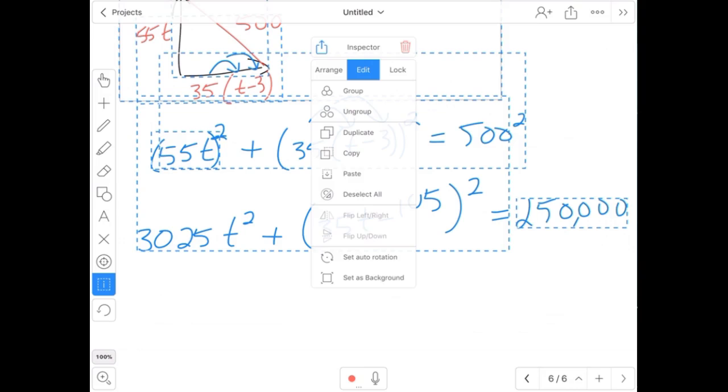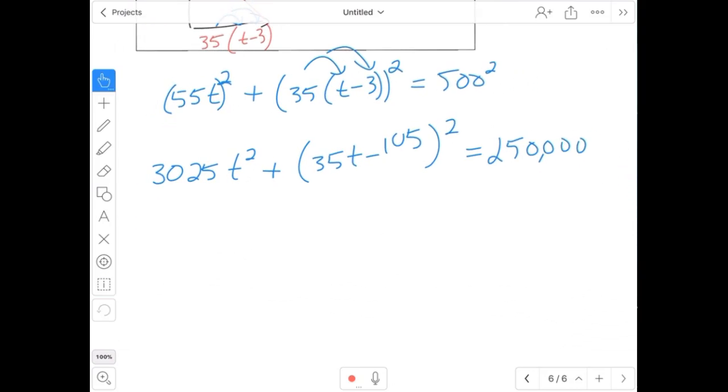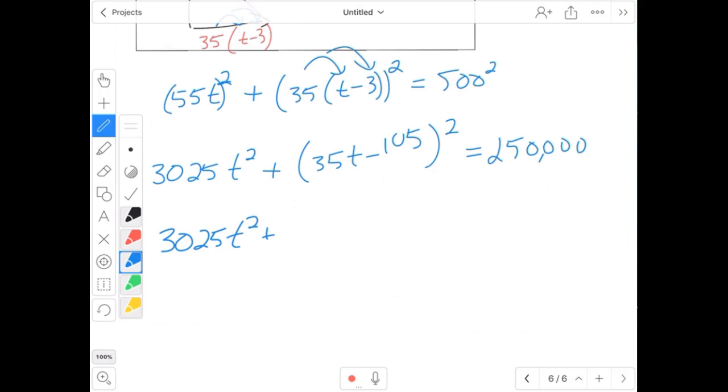Need to group those together so it doesn't get all messy. So this piece, if I FOIL this out, I'm going to end up with, so 35 times 35 gives me, let's write what we already have, 1,225 t squared.